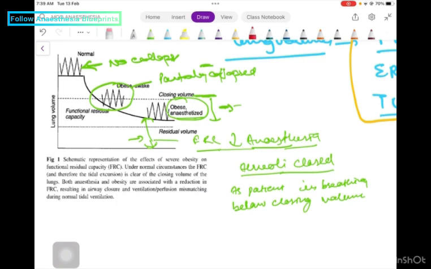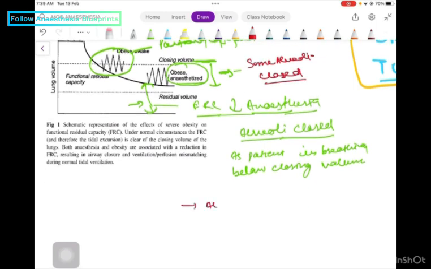Here, some alveoli fully closed. What will happen? Atelectasis, no effective lung volume for exchange of gases. Normally alveoli are like this, but with decreased FRC, alveoli will be like this. So there is no effective membrane for exchange of gases, so there is no gas exchange.